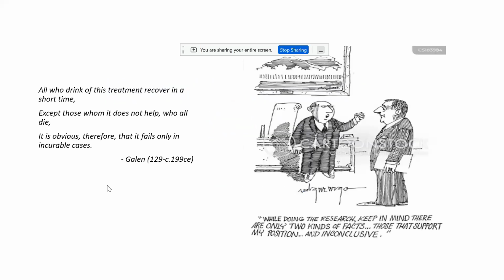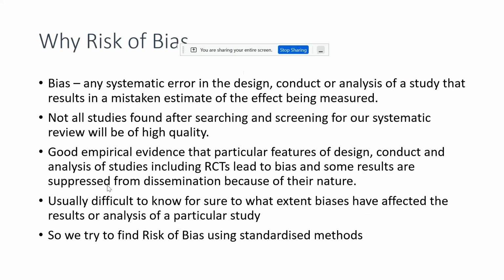So why do we need to do risk of bias assessment? Remember that whenever we are searching for the articles and even after screening the articles, whatever articles we are getting may not always all be of the highest quality, isn't it? So we do need to assess all of those articles to see what is the risk of bias in it.